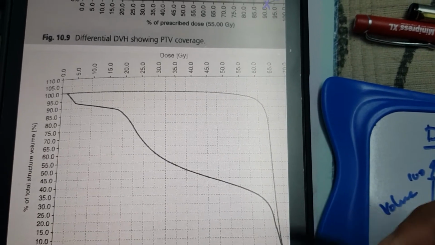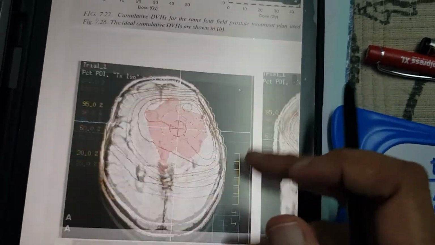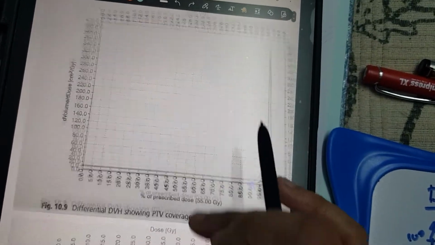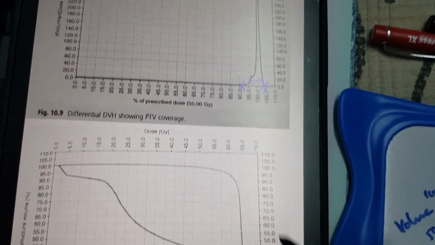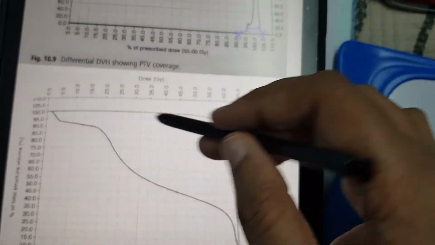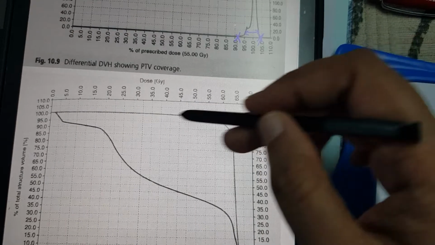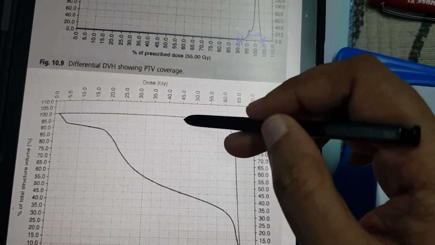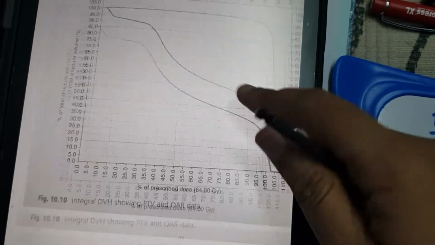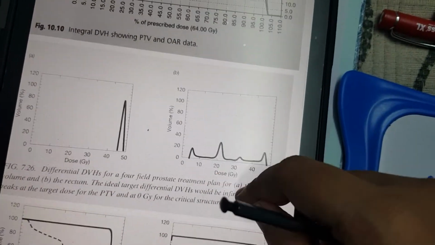maximum dose is received. So this is usually a typical cumulative DVH for the PTV, and this is usually for the OARs.